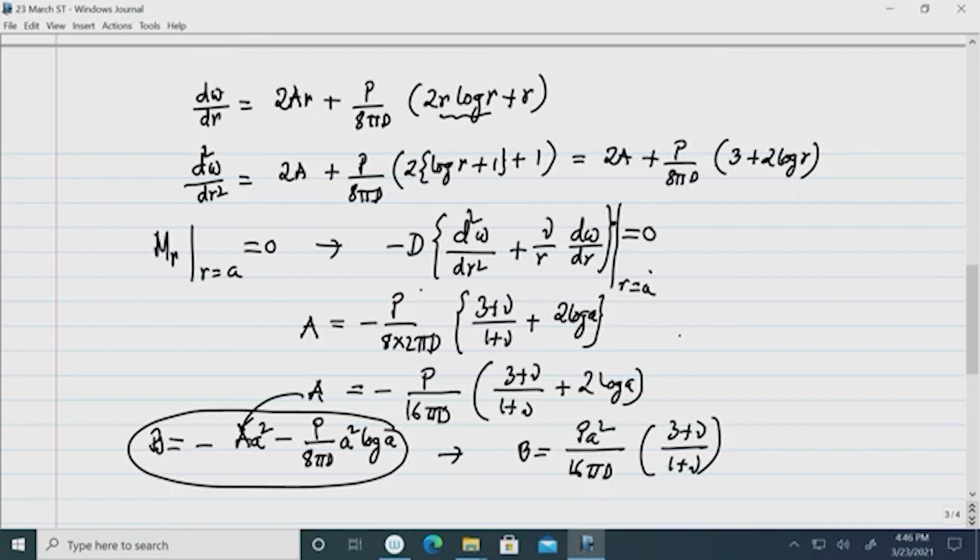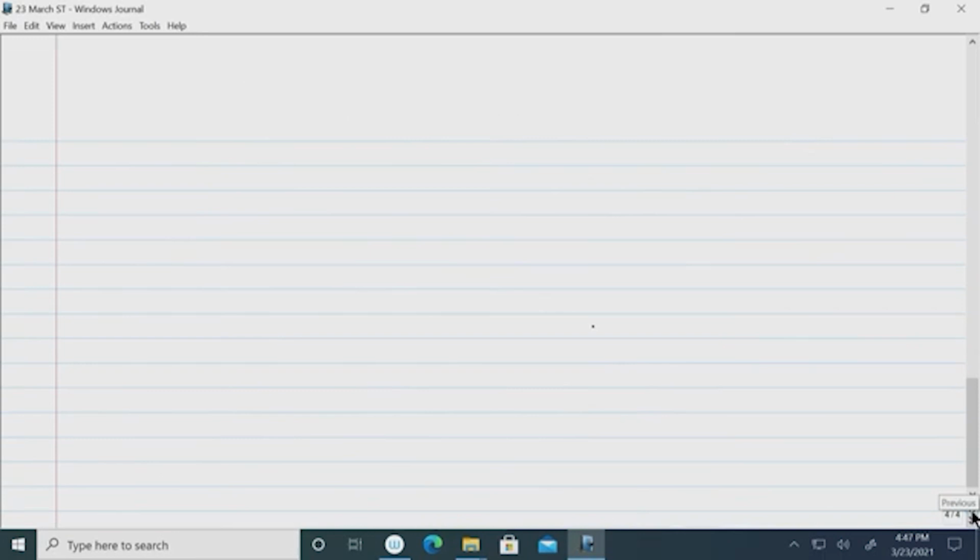Okay. Let us find this deflected surface. So, once A and B are known, then we can write A r square plus B plus this expression containing the load that has to come here, P r square by 8 pi D log r.